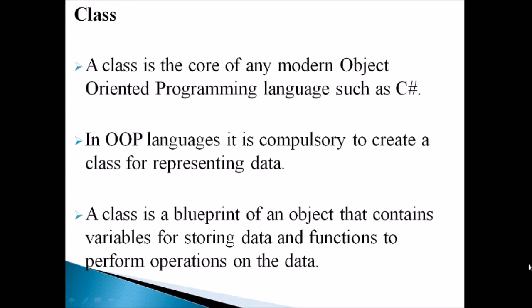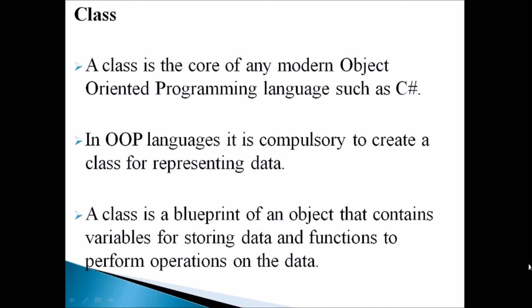First one, class. This class is a core for any object-oriented programming language such as Java, C++, C# and so on. If we consider any object-oriented programming language, it is compulsory to create a class for representing data. There should be a class. Within that only we can represent all the data. And a class can be called as a blueprint of an object. So what may the class contain? A class will contain variables and functions.